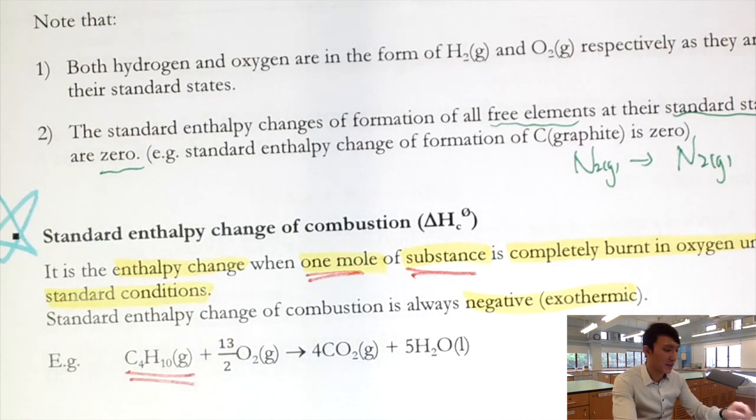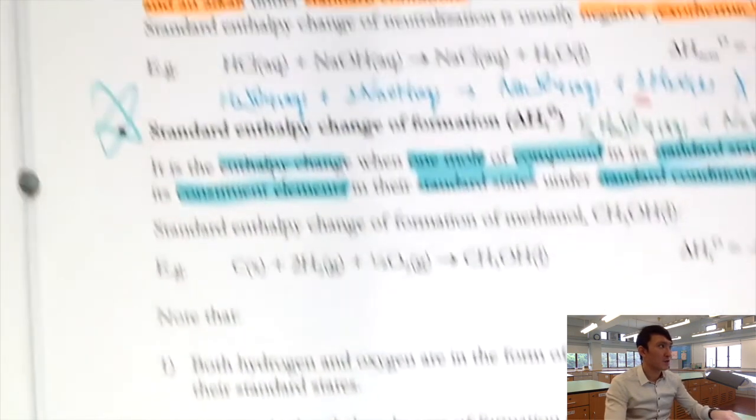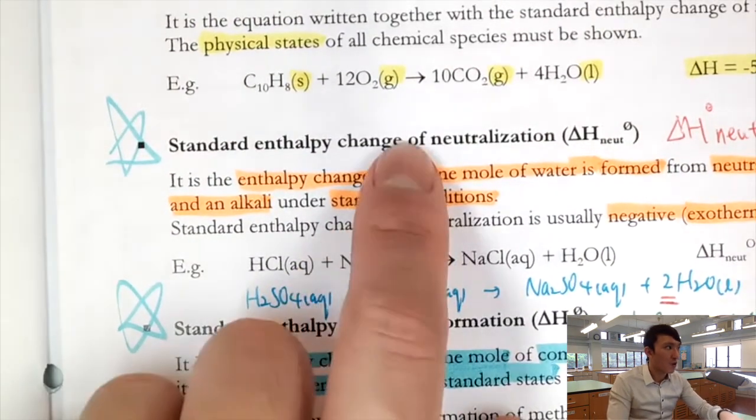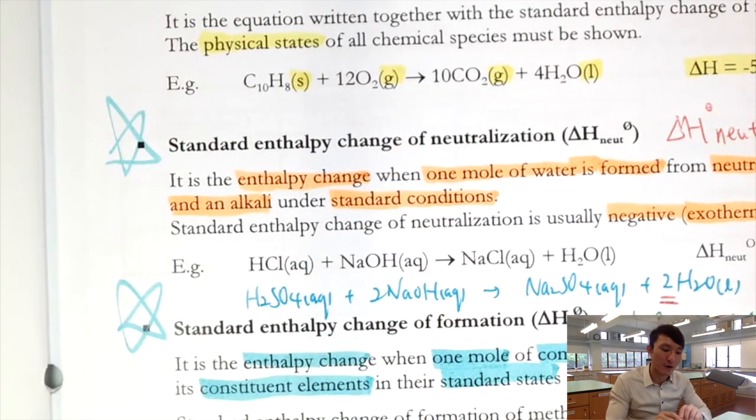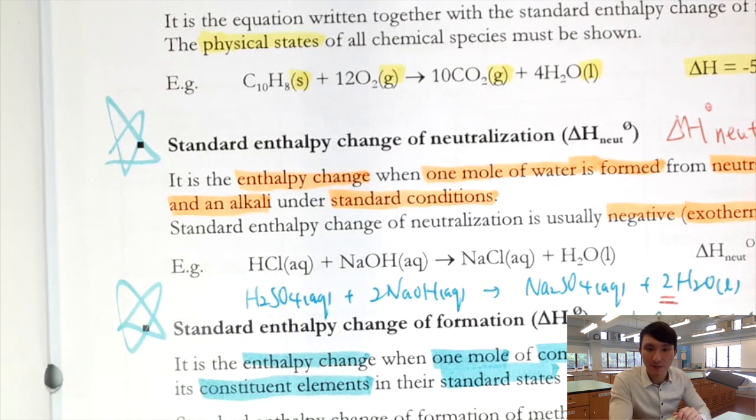Also one more thing you may notice. For all 3 definitions, we have a very strict requirement regarding the quantity. That makes a lot of sense, because at the beginning we said that we are interested in finding enthalpy changes which are reliable, which are able to serve as a valid reference.